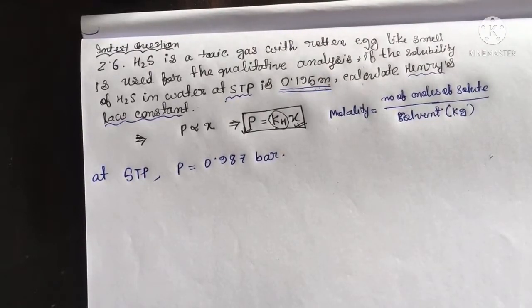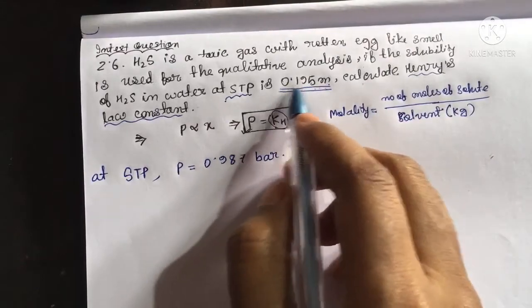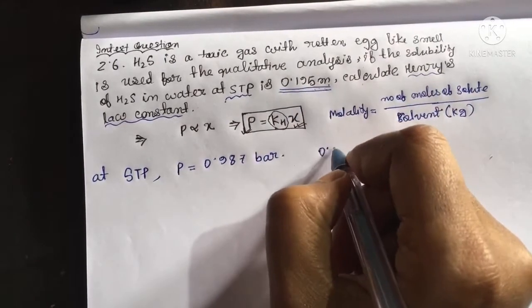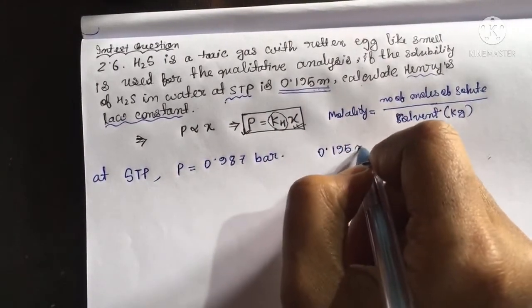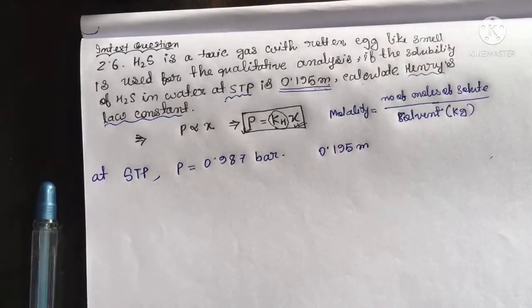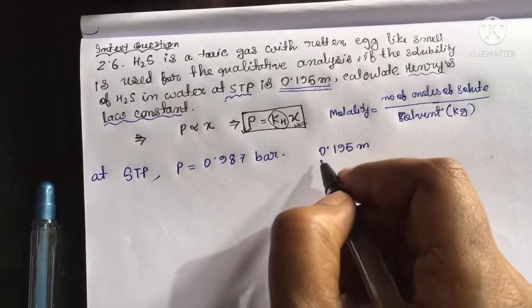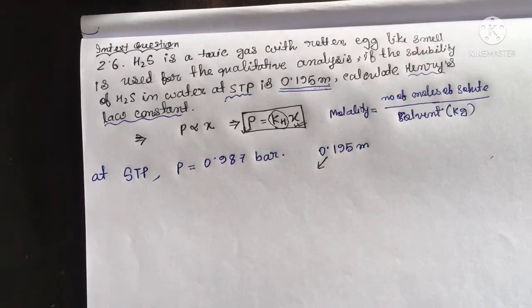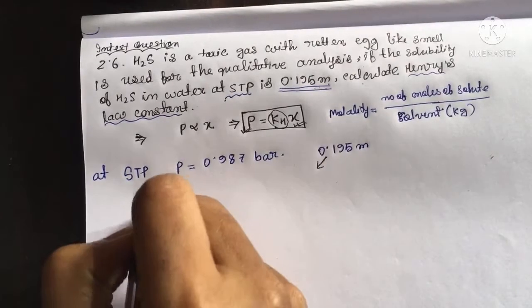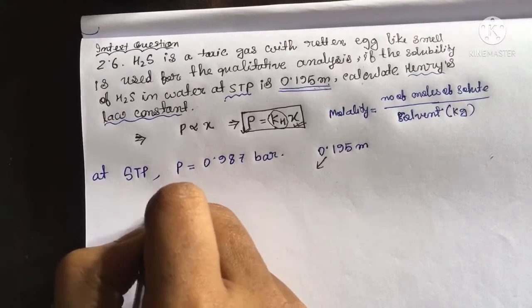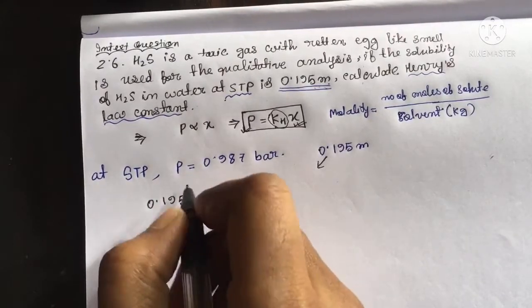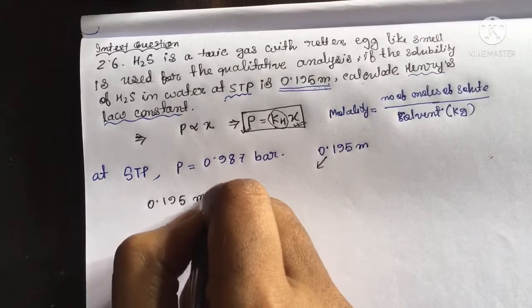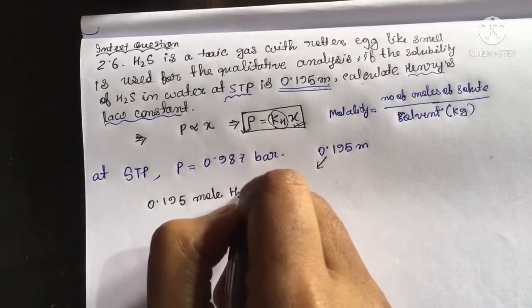So here it's given that molality is 0.195 m, which actually means that 0.195 mole of H2S is present.